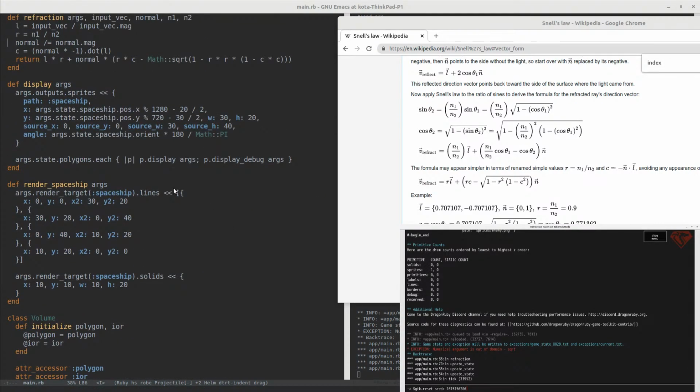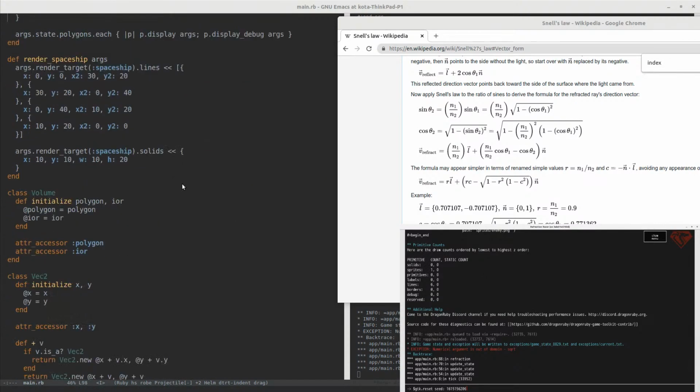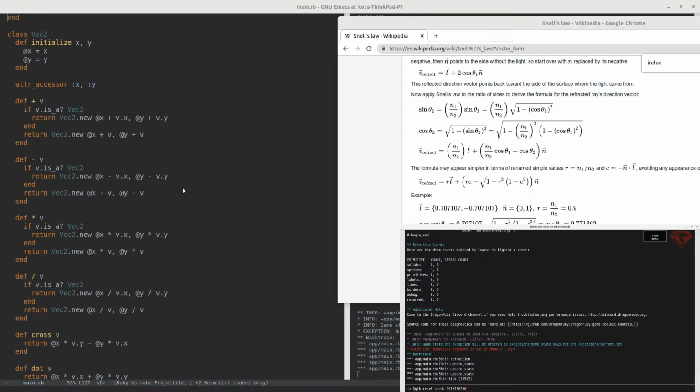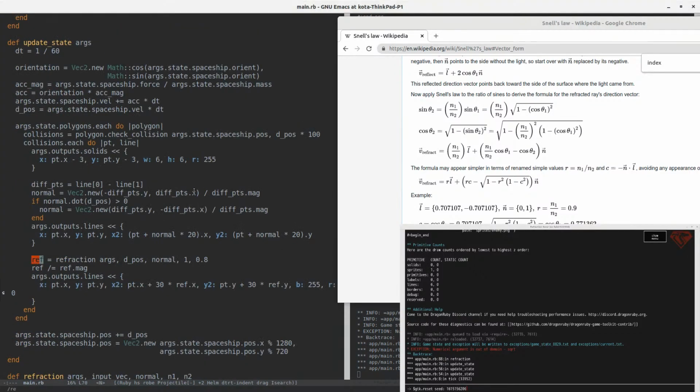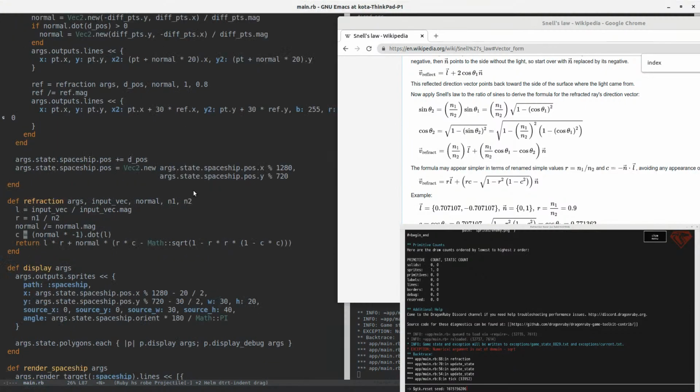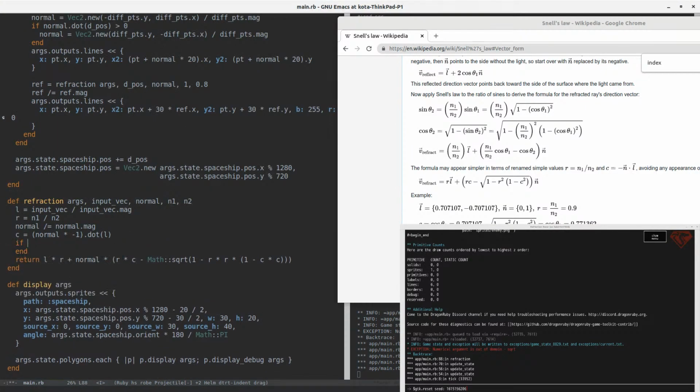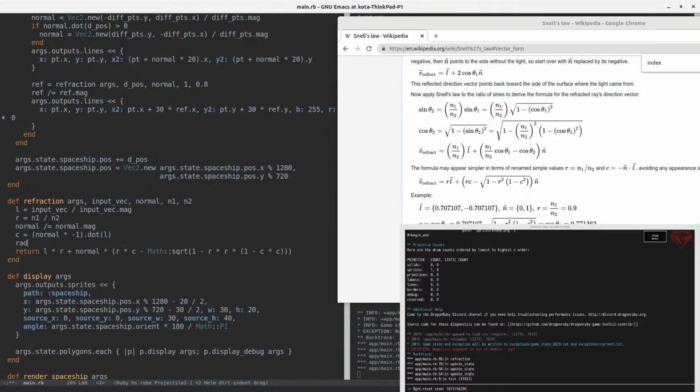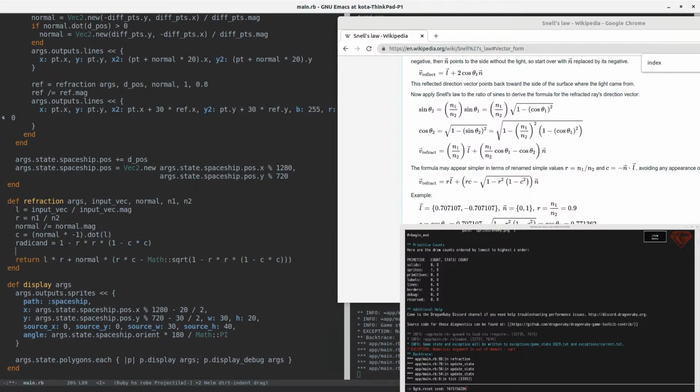in total internal reflection, which we can also add in, I guess. Why not, right? Refraction. So this is the radicand equals 1 minus r times 1 minus c times c.